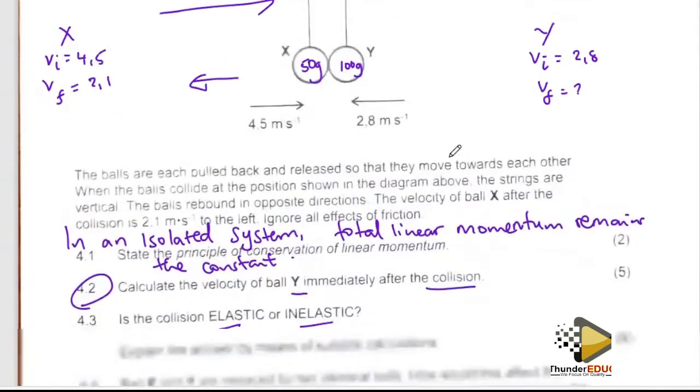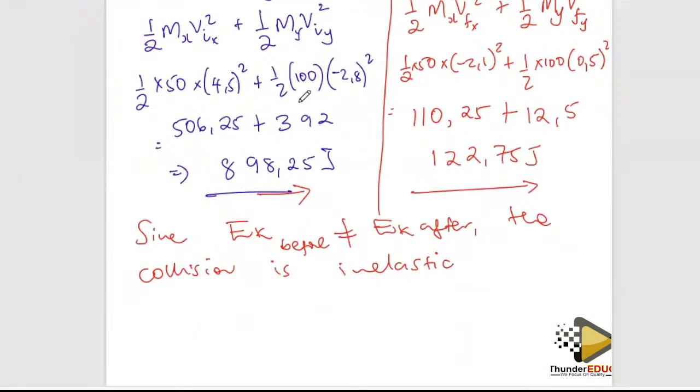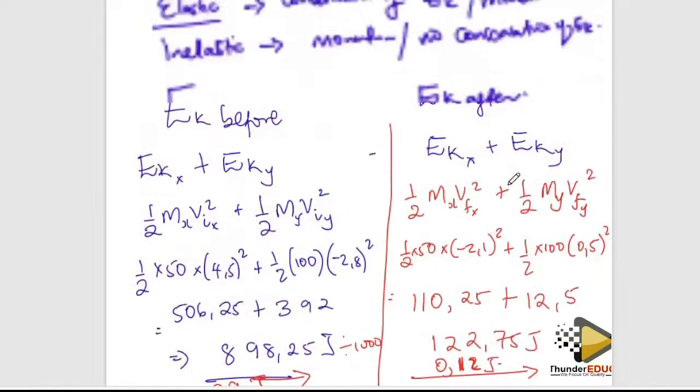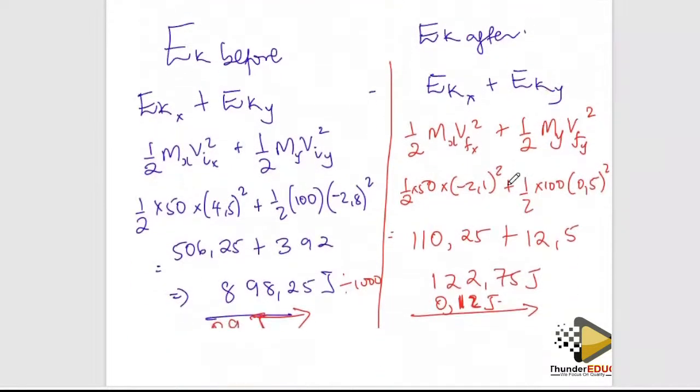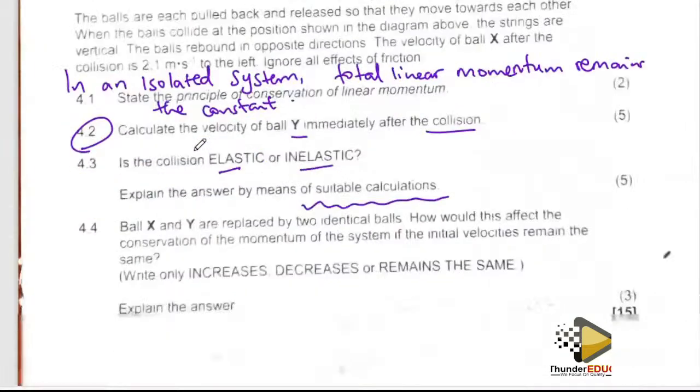Now I could divide the masses by 1,000. There's no problem. I divide this by 1,000 and then I'll get my 0,9 joules. Divide by 1,000, I'll get my 0,12 joules. But still, it seems that the EKs are not the same.